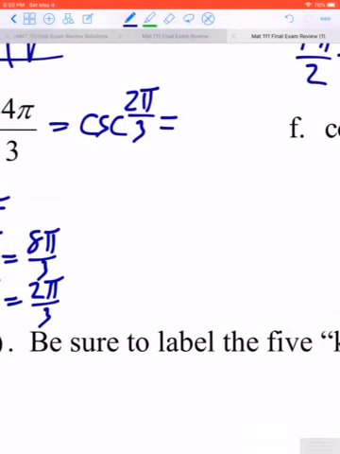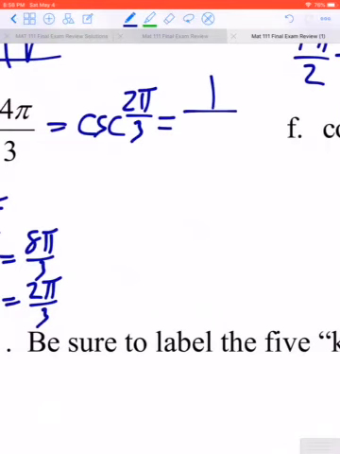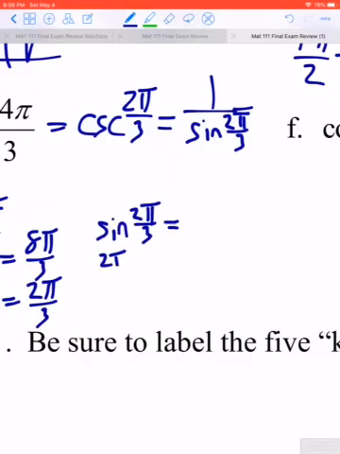To find the cosecant of 2 pi over 3, what we would probably end up doing is first finding the sine of 2 pi over 3 and then doing 1 over that, because cosecant is reciprocal sine. Now, to find the value for the sine of 2 pi over 3, we recognize that 2 pi over 3 is in quadrant 2. Its first quadrant reference angle would be pi over 3, and we know that the sine of pi over 3 is the square root of 3 over 2.